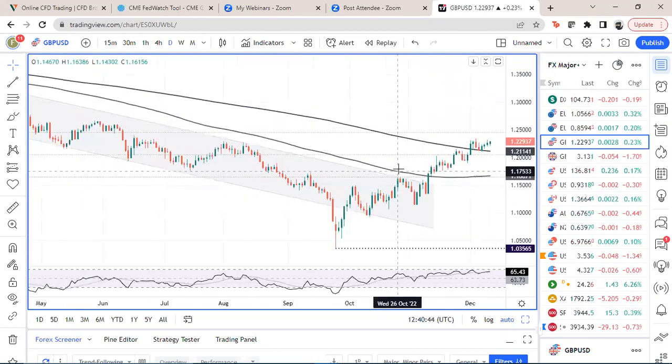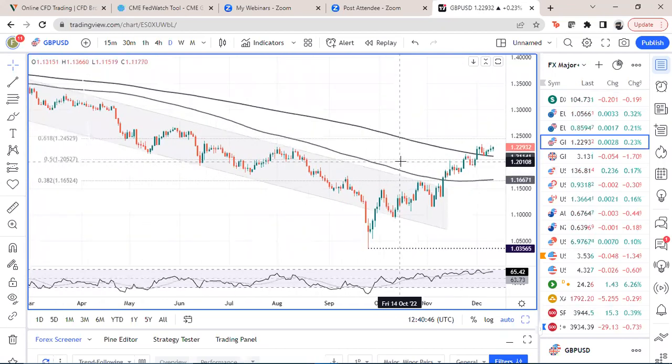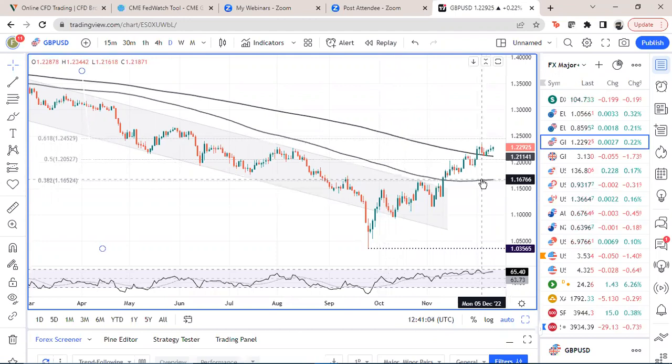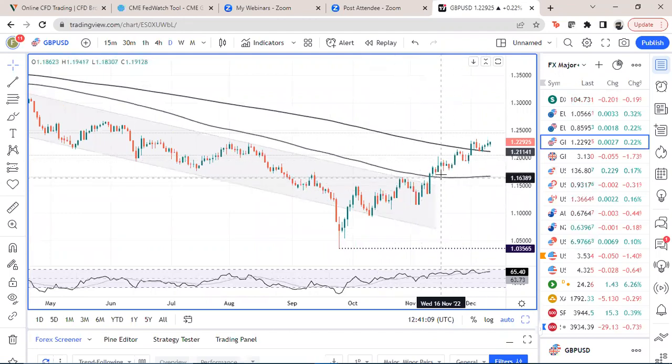If we break that, then potentially we get up to the next Fib level, the 61.8% Fib level of this year's 2022 drop, which we have at 1.2452, so that is an upside target if we break last week's high at 1.2344 potentially. So really interesting and quite a positive looking chart, and on the Bank of England, of course, much to get excited about, and it will influence sterling for sure.